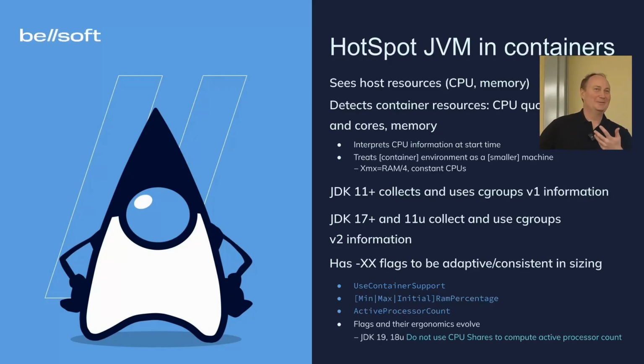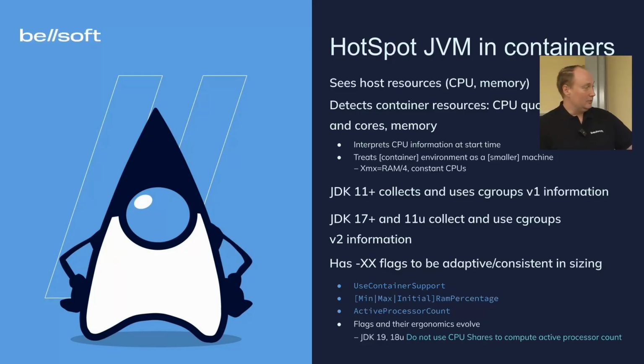Who puts 50 and above? 75, yes, that's our favorite number, 75. Who puts nothing? Right, so you get that 25. So you don't use three quarters of your container memory, and you still pay for it.